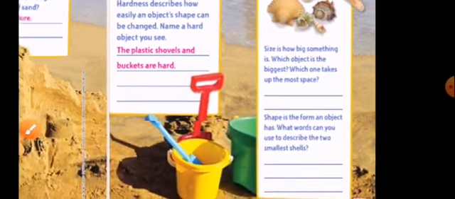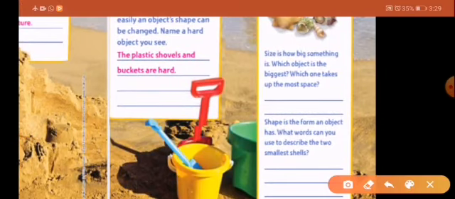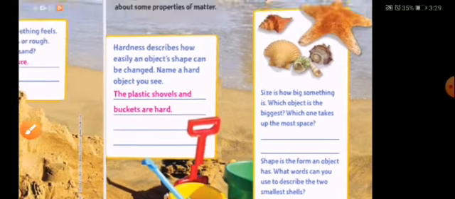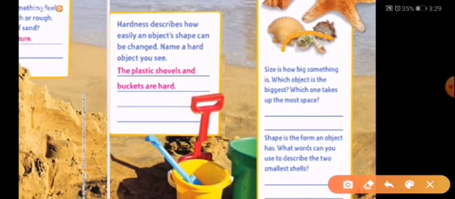And also, shape is the form an object has. So what words can you use to describe the two smallest shells? Where are the two smallest shells here? I can see them. Here they are.